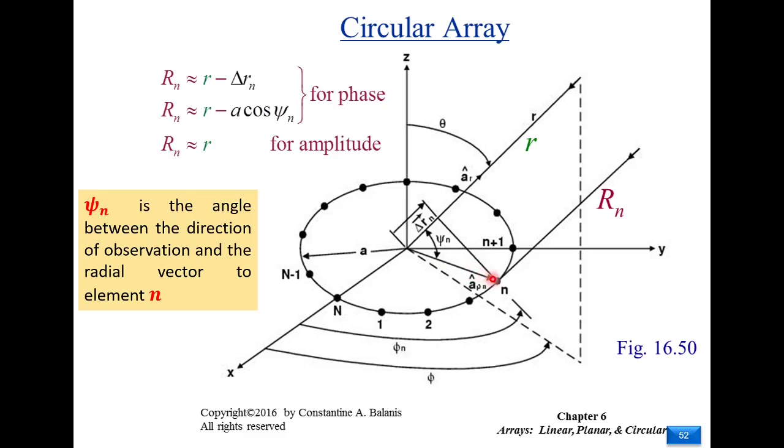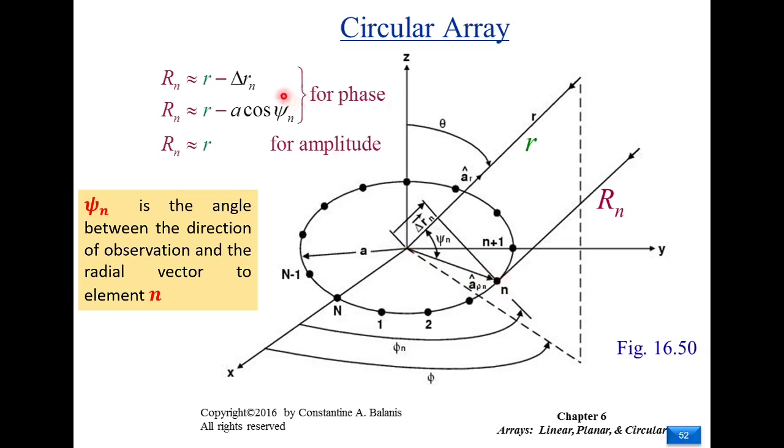This length here is constant, which is a, the radius of the circular array. And we are interested in this distance, and this distance is a cosine of this angle. This angle psi n is the angle between the direction of observation, AR, and the radial vector to element n. If this is element n, this is the radial vector to element n.